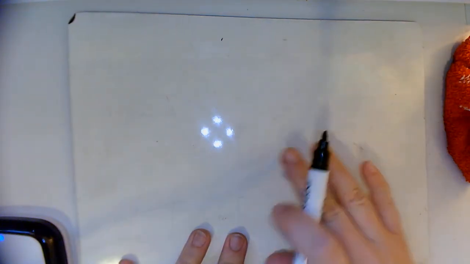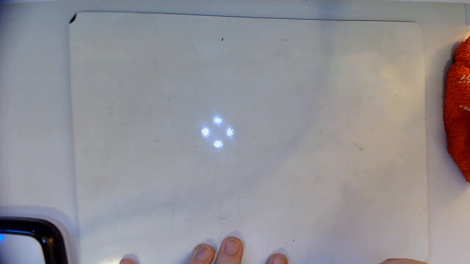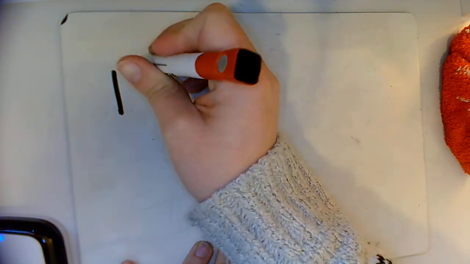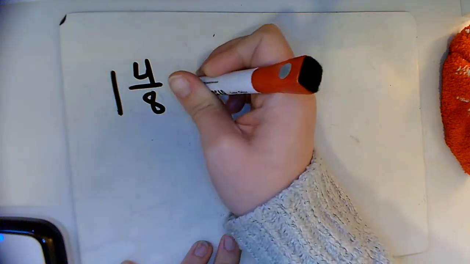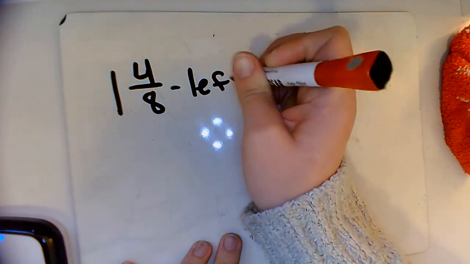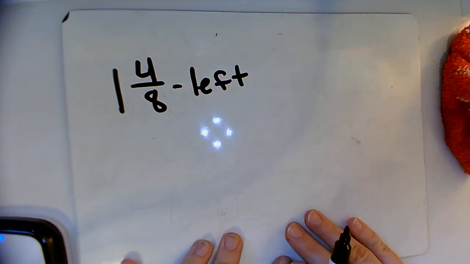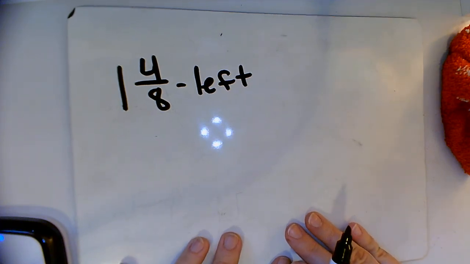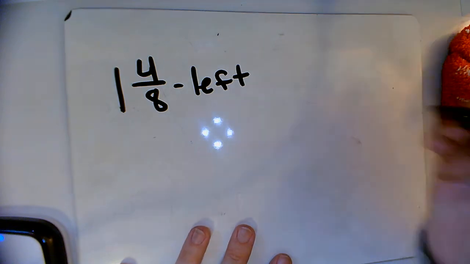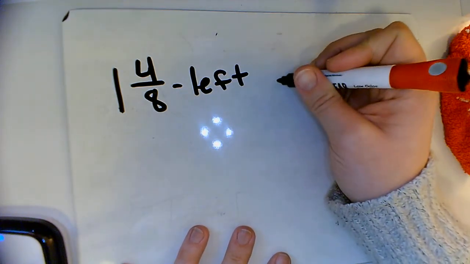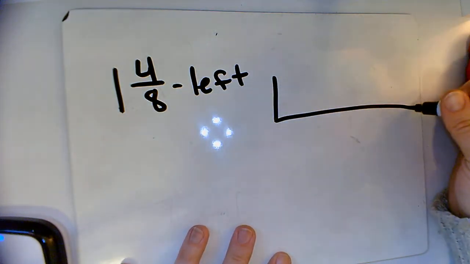Okay, so I'm going to read through it one more time, and as I'm reading through it this time, I'm going to be making notes. So Mrs. Jones had 1 4/8 left. After giving some to Gary, she had 7/8 left. So she gave some to Gary, and then she had 7/8. So what I'm going to do is draw that tape diagram.